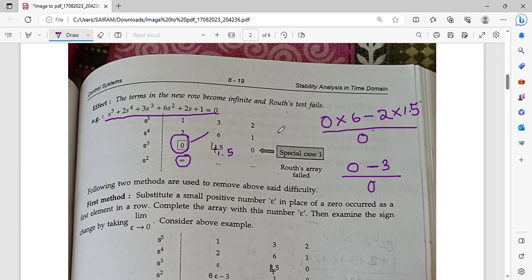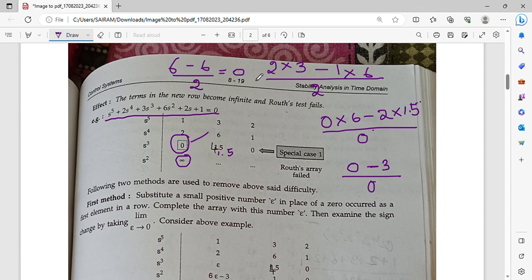But what we are doing here is checking how you got infinity and how you got 0. The 0 came from 2 into 3 minus 1 into 6, whole divided by 2, which is 6 minus 6 divided by 2, equal to 0.